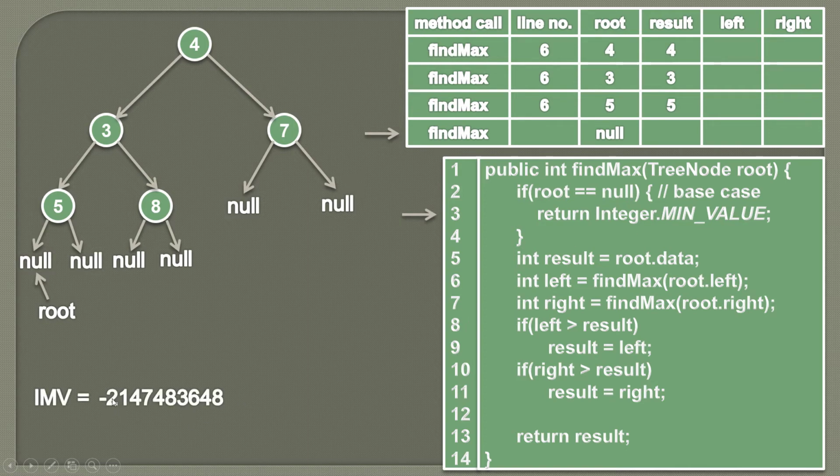Because this value is negative, it won't affect the maximum value of this binary tree. And as the left child is null, we can simply return the minimum value of the integer. So we are returning Integer's min value.